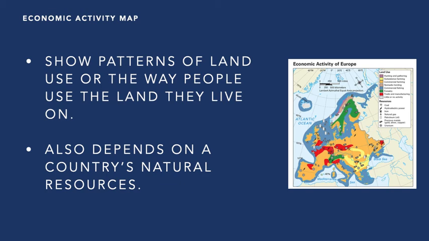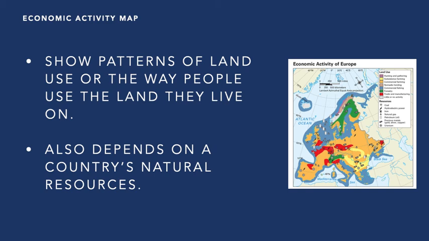So in some areas, some will still get their food by hunting and gathering, and others grow crops and raise animals to sell. Many others make and sell goods created from natural resources. Natural resources are not evenly distributed around the world, and because of that, some countries aren't as developed and don't have the same economic activity as other countries.